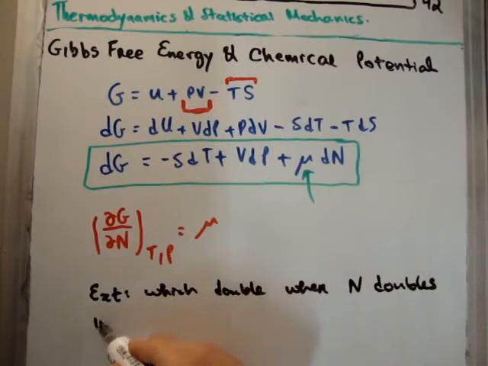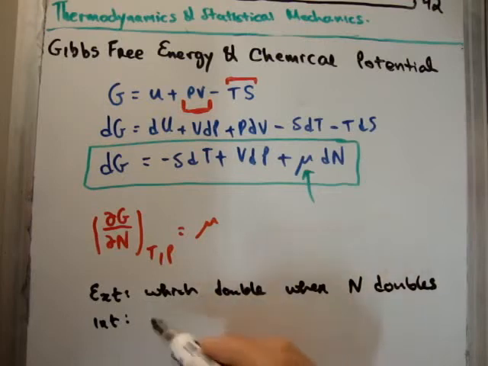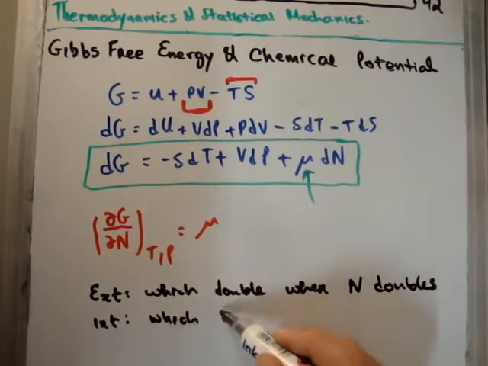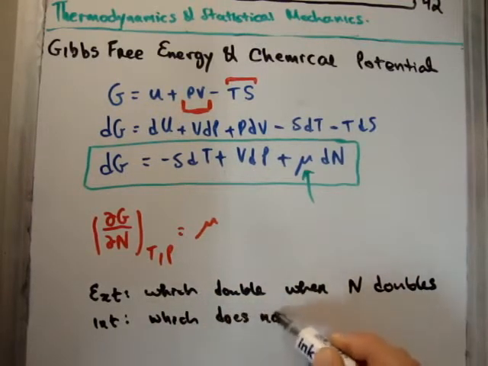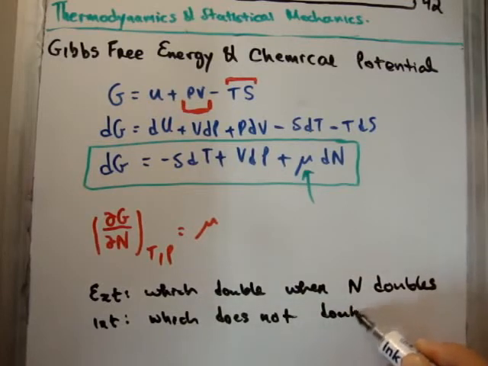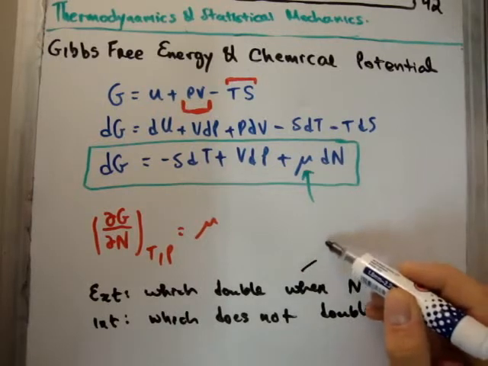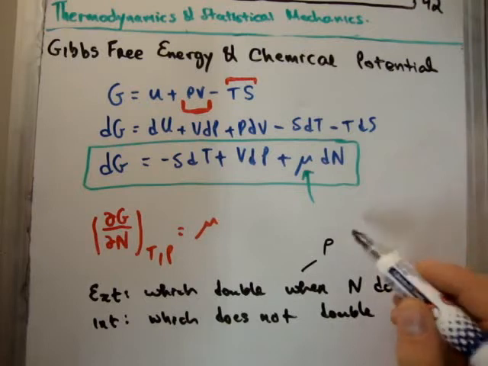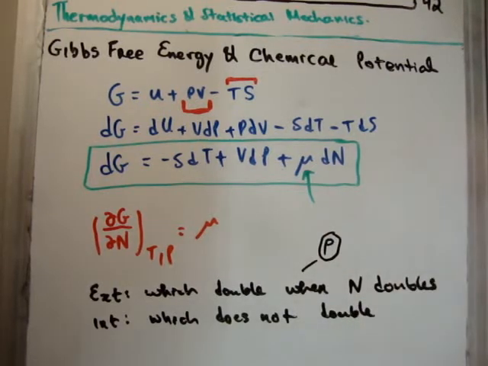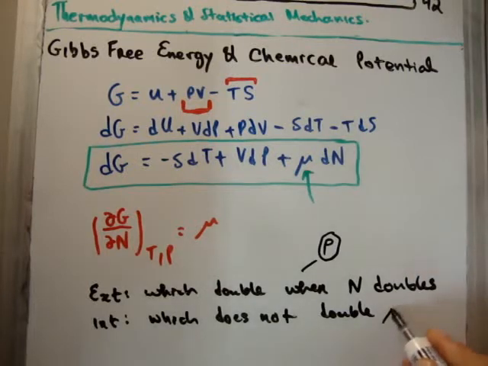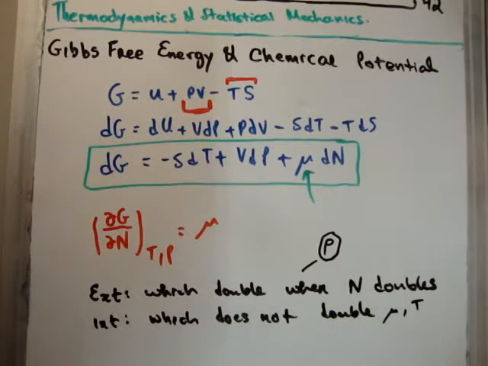And an intensive property is one which does not double when you double the number of particles. Typical extensive properties we had were things like volume, but intensive properties we had things like the chemical potential, the temperature, and so on. So just look at my previous video if you want to look at this.